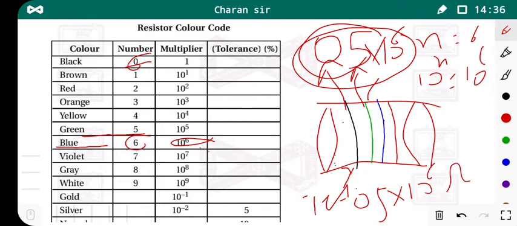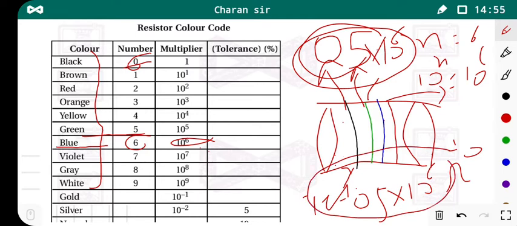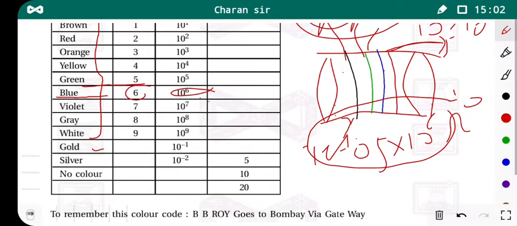Now how much variation can take place in these values? For that you see what the last band is. If your last band color is from black to white, at that time the variation is equal to 0. That means you get the nearly exact value. This is the resistance value. But suppose the fourth band color is gold, silver or no color, at that time you have variation of 5%, 10% and 20%.